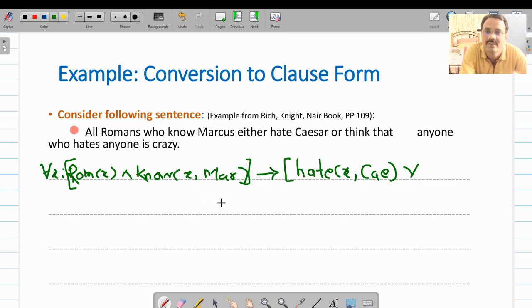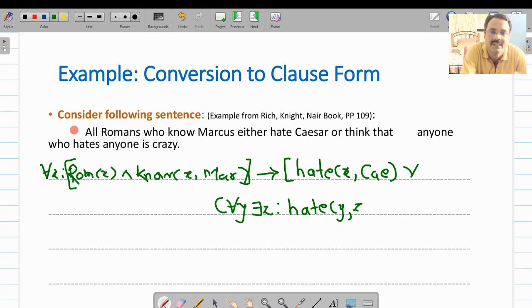So I will write on the next line, in the parenthesis, in this way: for all y there exists some z such that anyone who hates anyone. So hate. Now that first anyone is universal quantifier, that is y, who hates anyone.